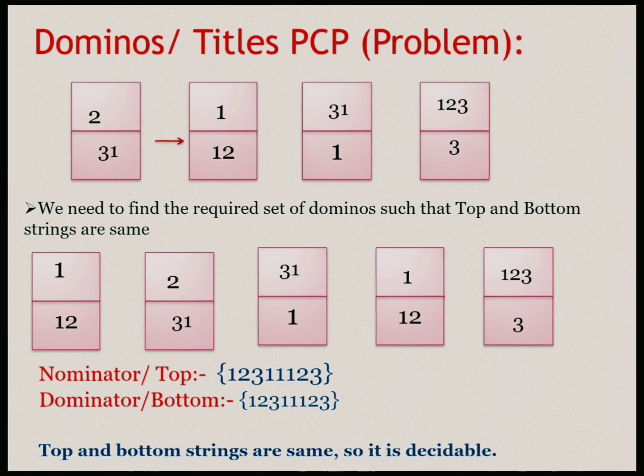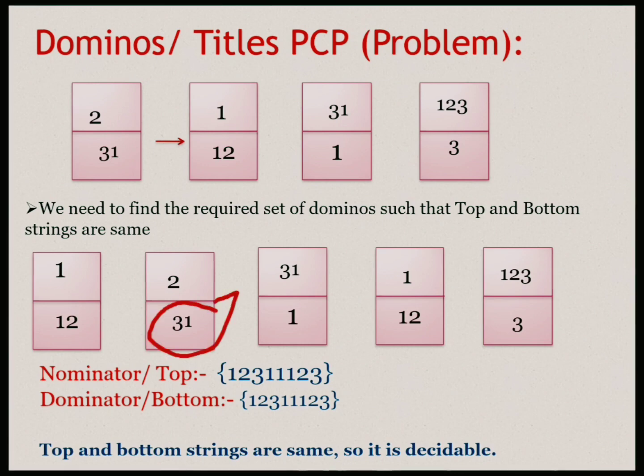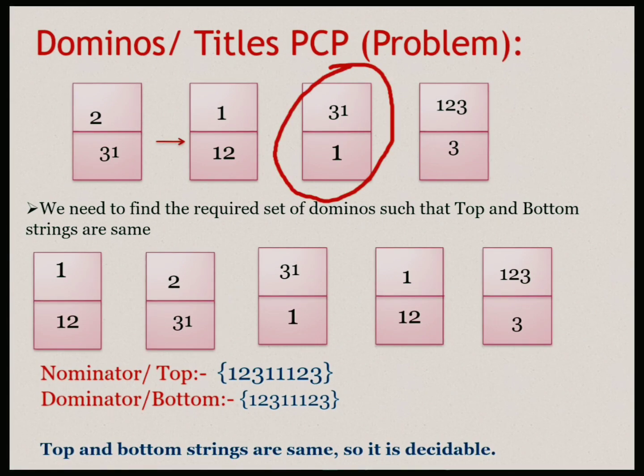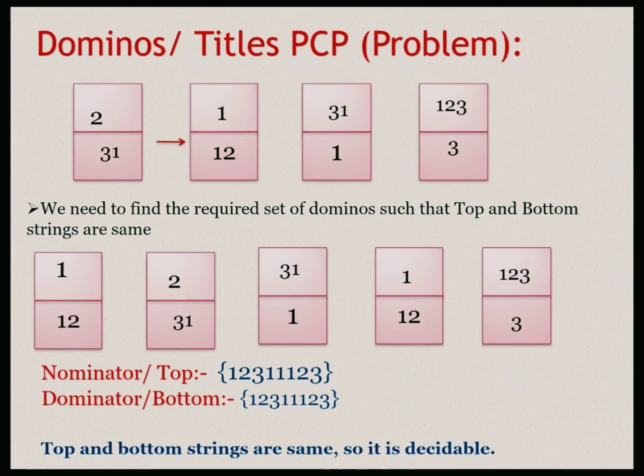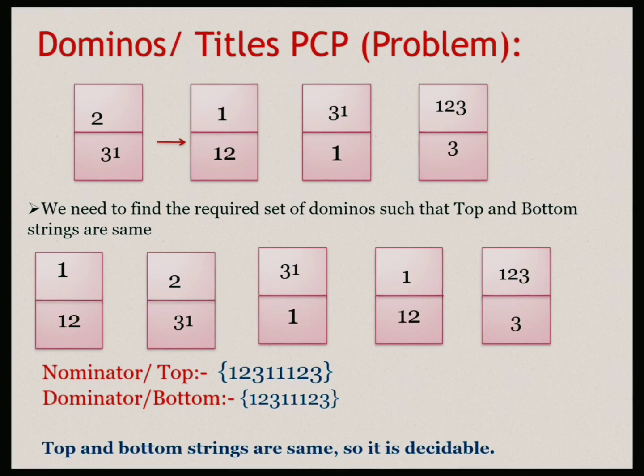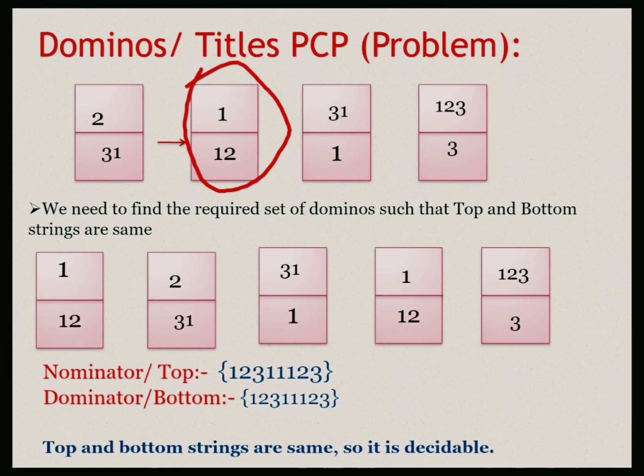The left over 2 string is eliminated with the second block's top string 2. For the left over 1 bottom string, we will find a similar string block. We see this block and put it in here. This left over 1 string is eliminated with this block's top string. In this block, the left over 1 string, we select the second block again for eliminating.